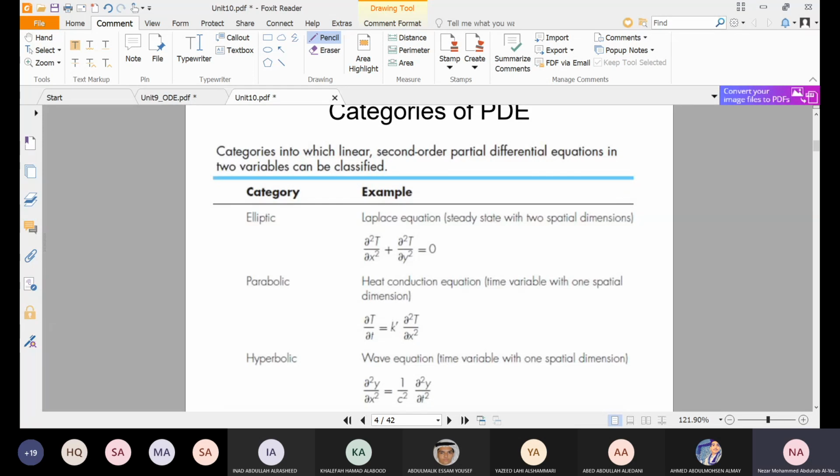One example of an elliptic equation is the Laplace equation, and this type usually represents a steady state response in two dimensions. Here the derivative with respect to t does not appear in this type of equation, because we talk about steady state when t goes to infinity.